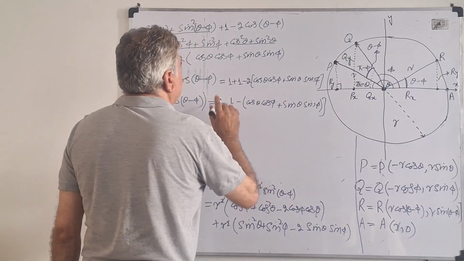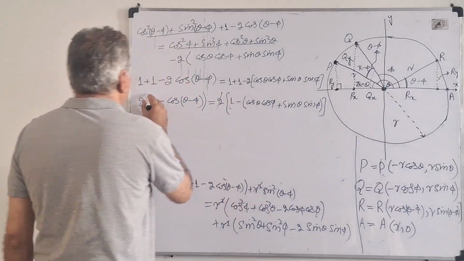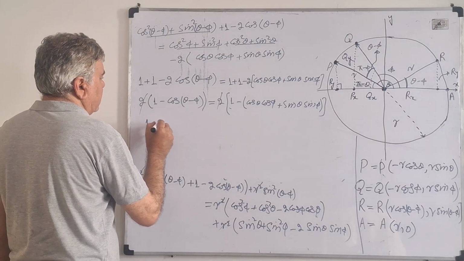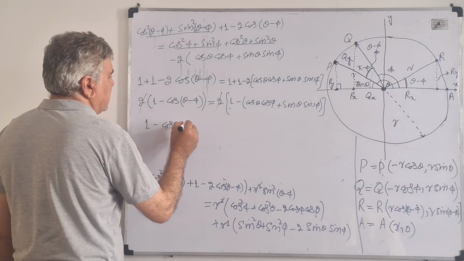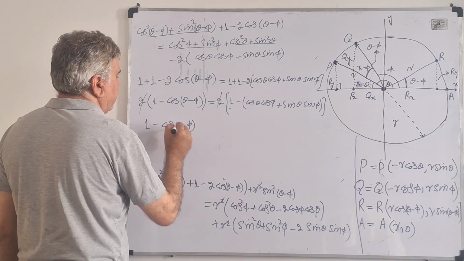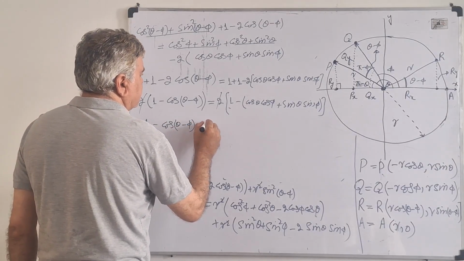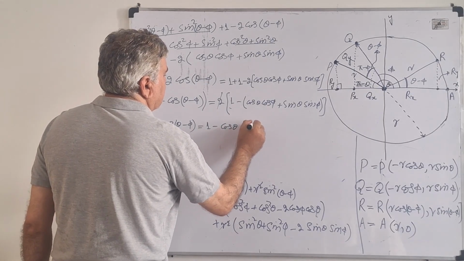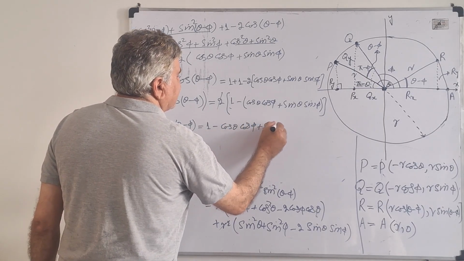I can write it like this. I can cancel 2 with 2. So finally I'm in the position 1 minus cos (theta minus phi) equals 1 minus (cos theta cos phi plus sine theta sine phi).